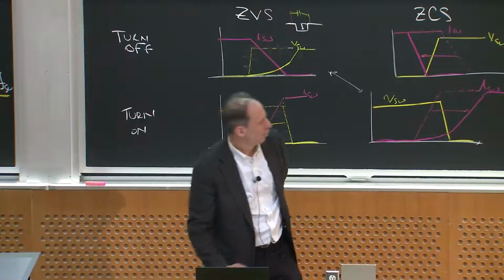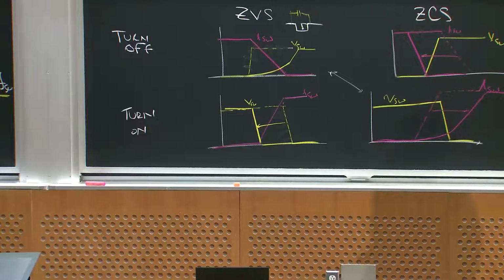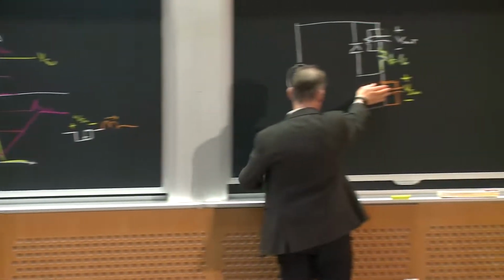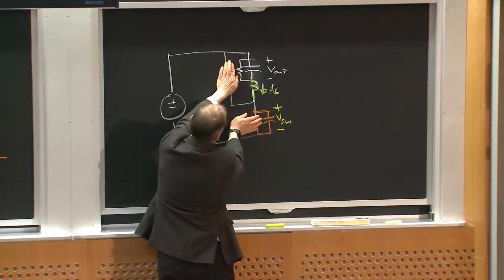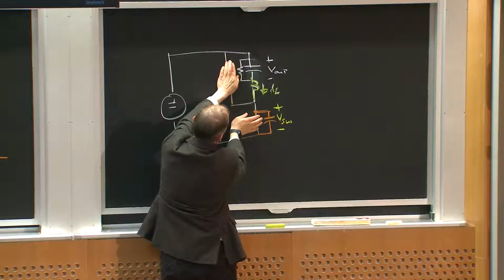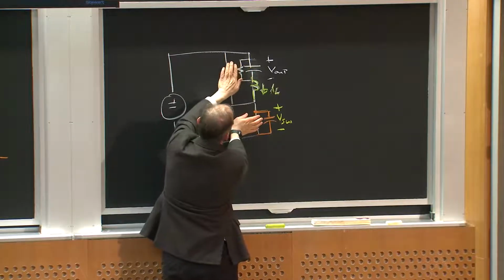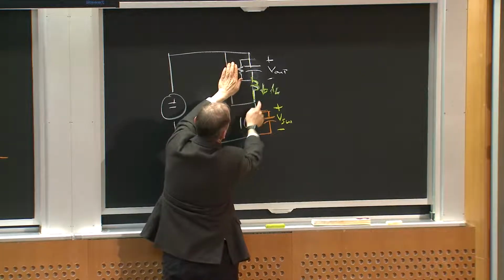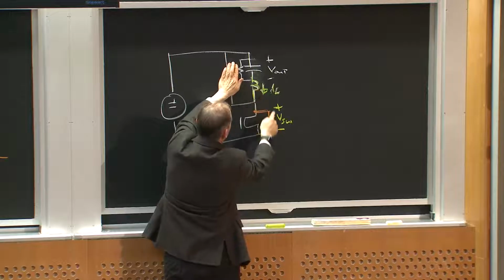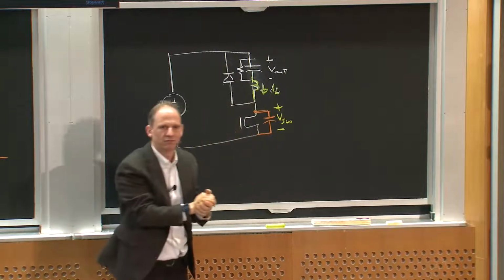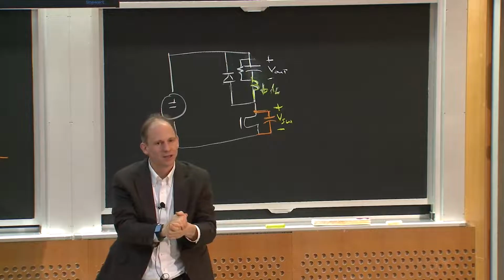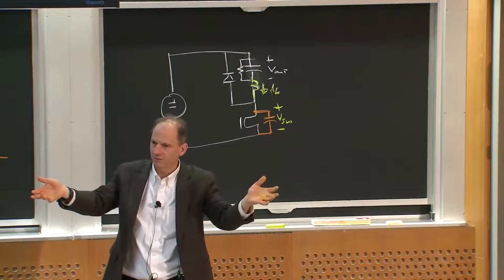Once the inductor current hits 0, the switch is off, the diode is off, and all I essentially have is a resonance. If I think about V out as being constant, I have a resonance between the buck inductor and the capacitance at the switch. So both devices are now off.